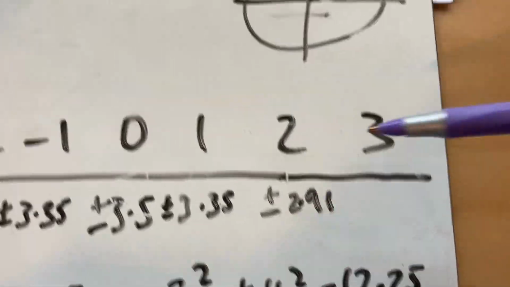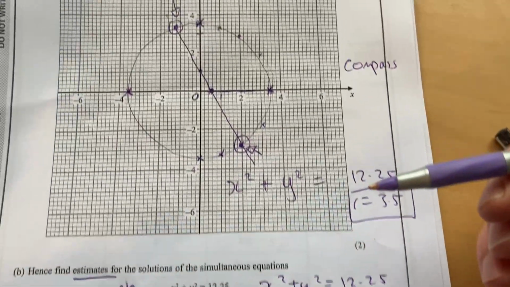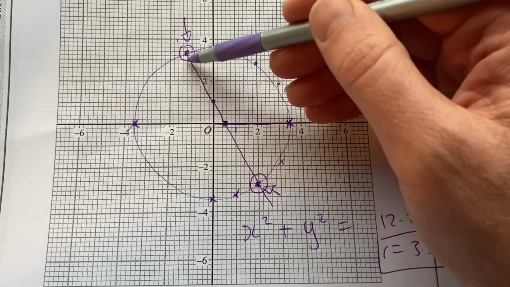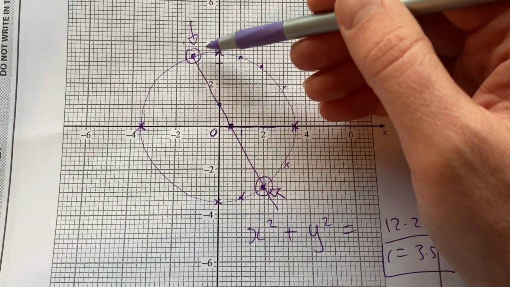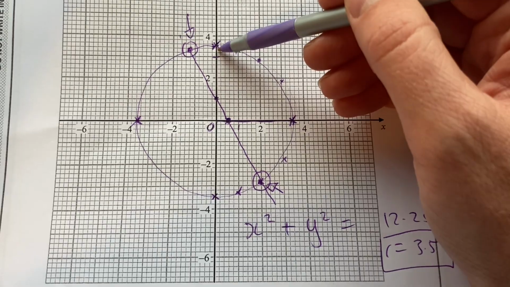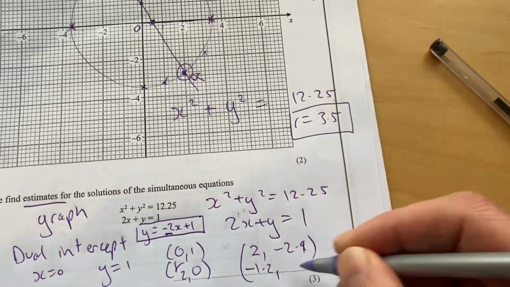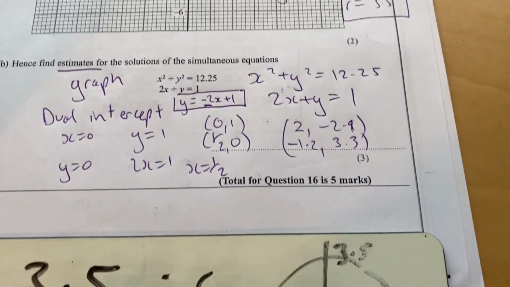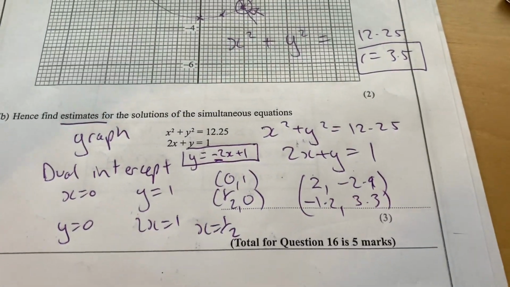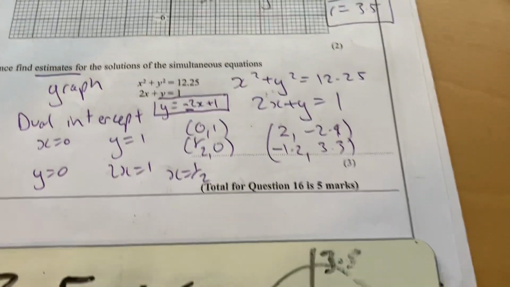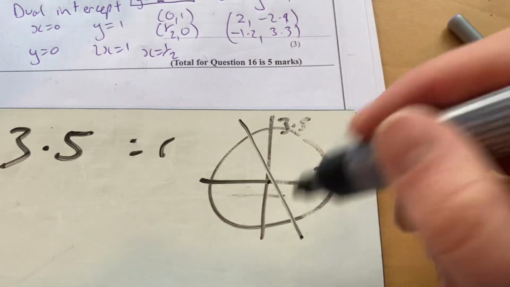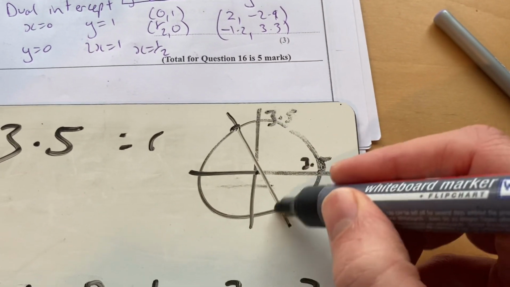So it looks like one of the points might be that. And then the other one would be about here, minus 1.2 and 3.3. I could check those on the calculator, see if they're at all accurate, but it did ask us for an estimate, and they're just looking to see, can you see that the straight line and the circle are going to cut and make notes like that.